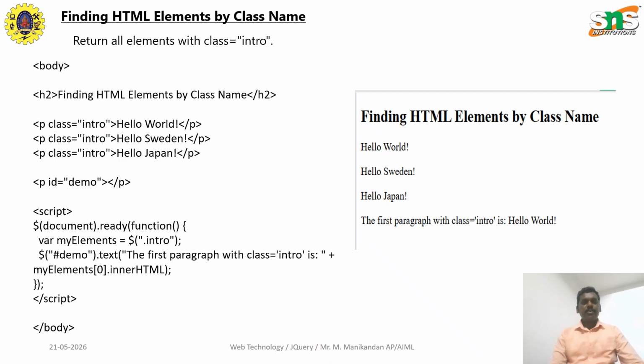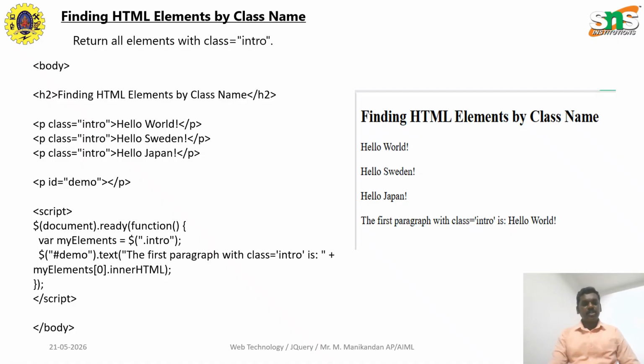We are going to display those things inside the last P tag. Here, in the document ready function, we create a function where myElement equals dot intro. Dot intro means we are specifying the class name, and then it will be displayed inside the last P tag.